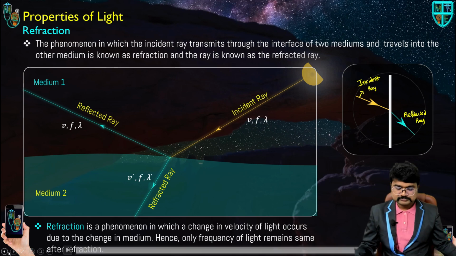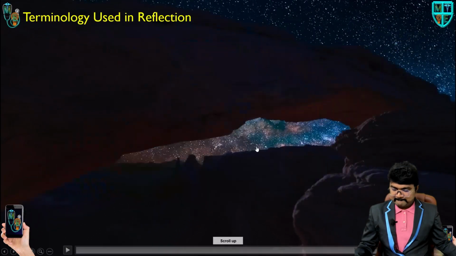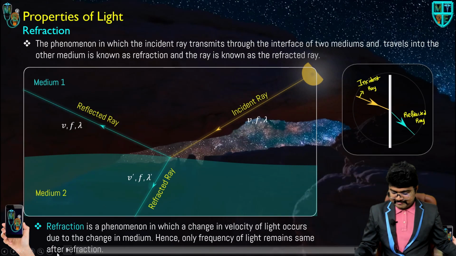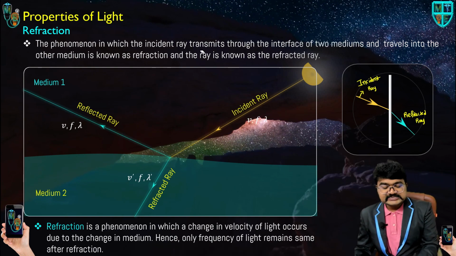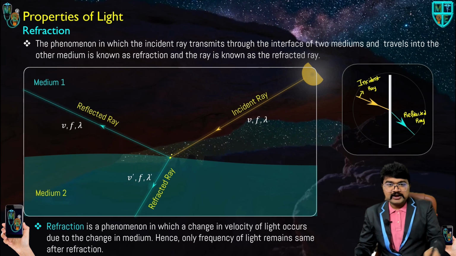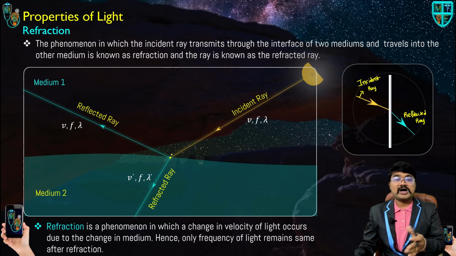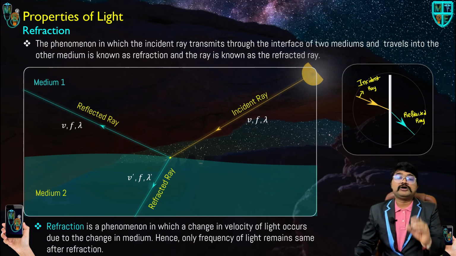I repeat this. The phenomenon in which the incident ray transmits through the interface of two mediums and travels into the other medium is refraction. Here, this is the interface; the ray transmits through the interface of the two mediums.